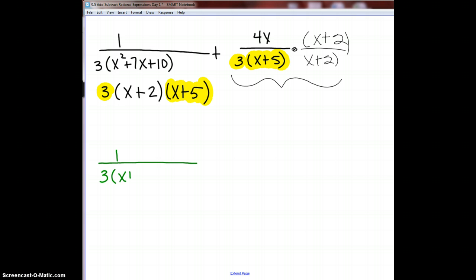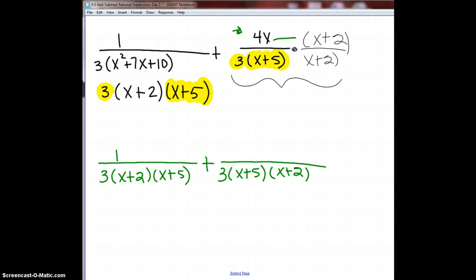This is the first fraction. The second fraction, after we get a common denominator of 3 times x plus 5 times x plus 2, remember this top part is being multiplied by x plus 2 also.